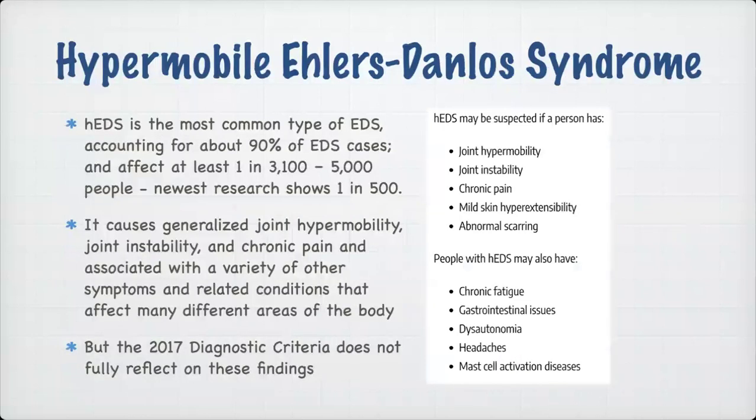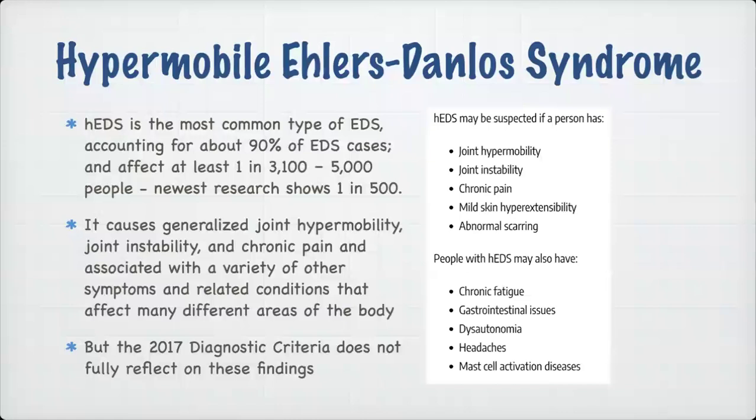It's important to note that the hypermobile type Ehlers-Danlos syndrome is the most common of all EDS subtypes, accounting for 90% of the cases. And among the general population, it's about 1 in 3 to 5,000, although a newer, smaller research has shown 1 in 500.